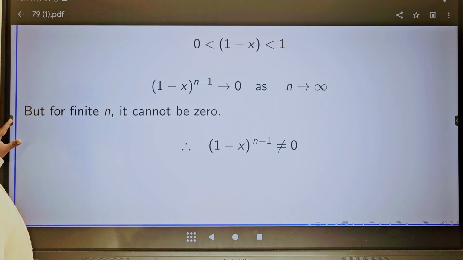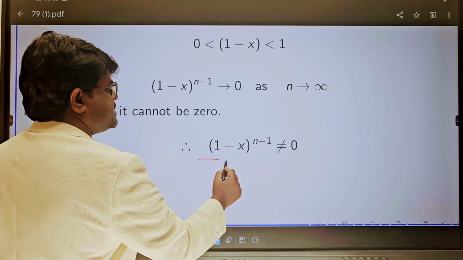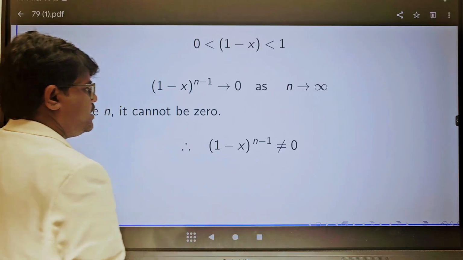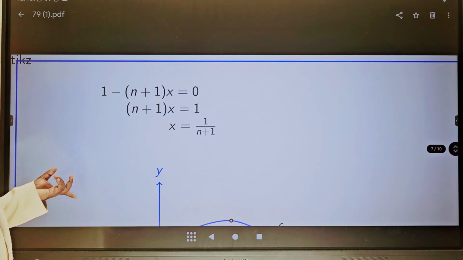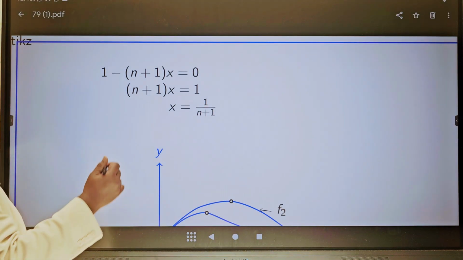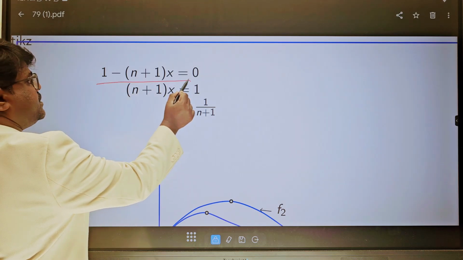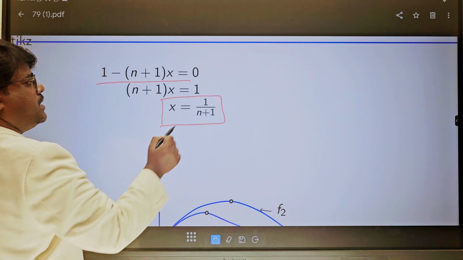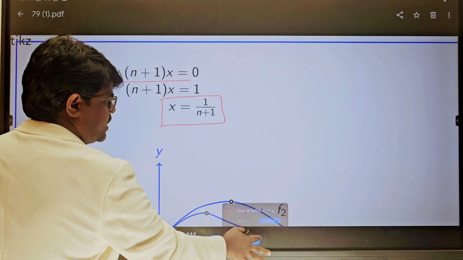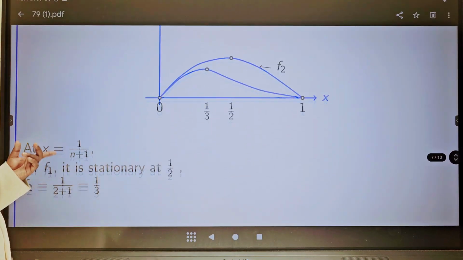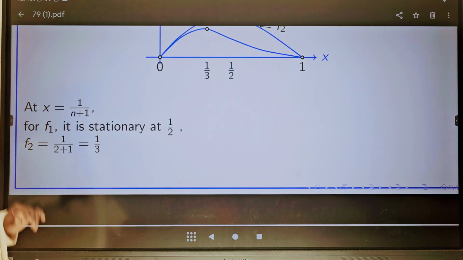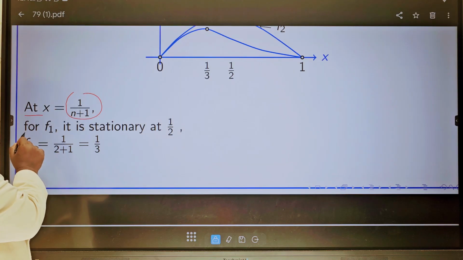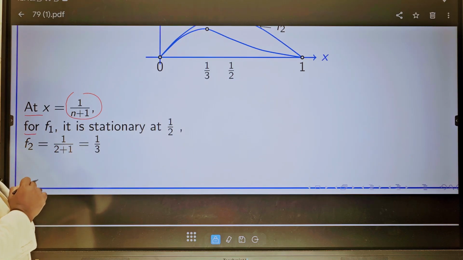Therefore, 1 minus x to the power of n minus 1 is not equal to 0. If this is not equal to 0, then this term should be 0. Then finally we got x equals 1 divided by n plus 1. That is, at x equals 1 divided by n plus 1, for f1 it is a stationary point.